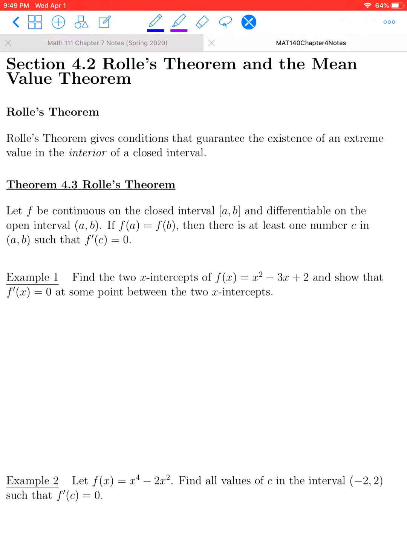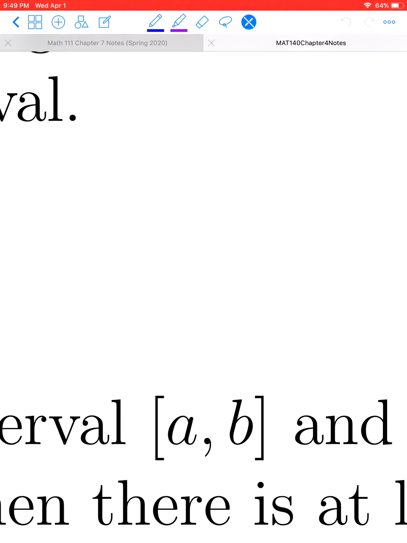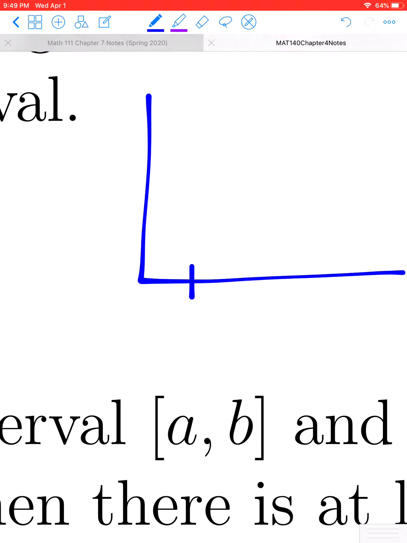Okay. This is another one of those existence type theorems. We talked about a couple of these earlier in the class, but essentially what Rolle's theorem is saying is the following. Let's suppose we have a function, and let's suppose that it's a nice function. It's continuous on the closed interval a comma b and differentiable on the open interval a to b.